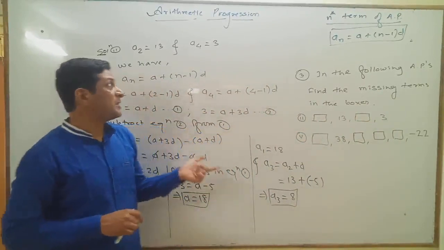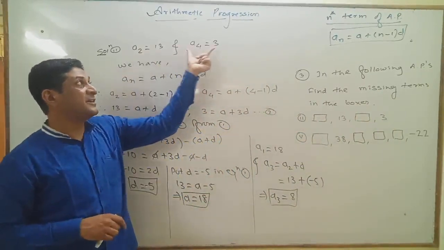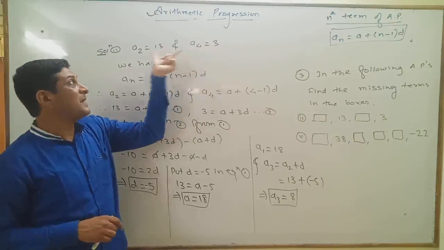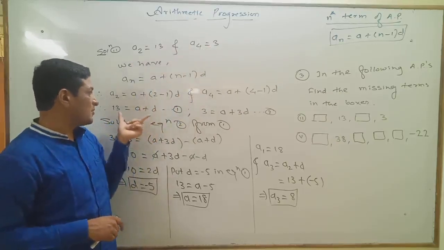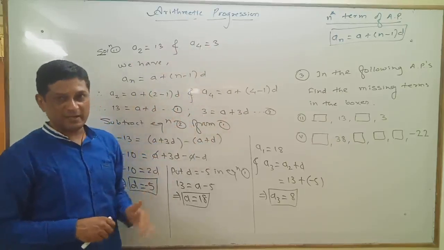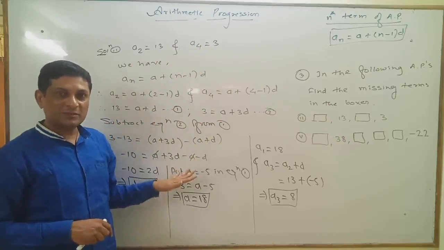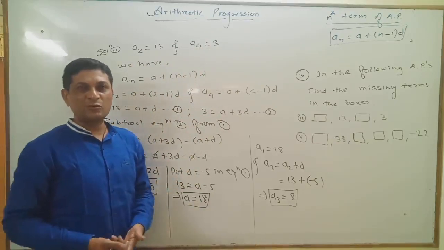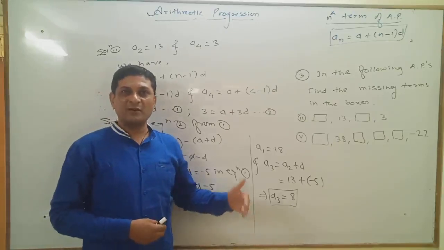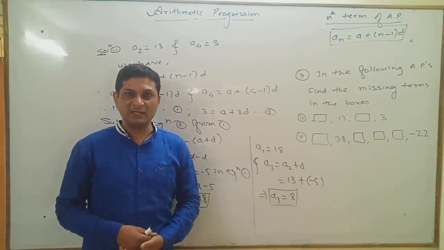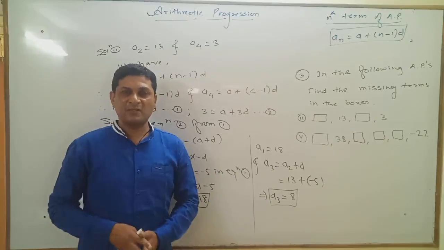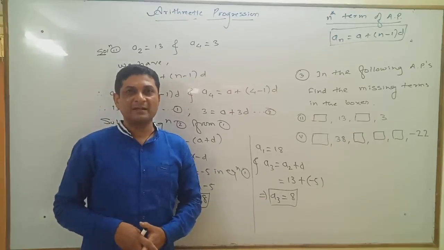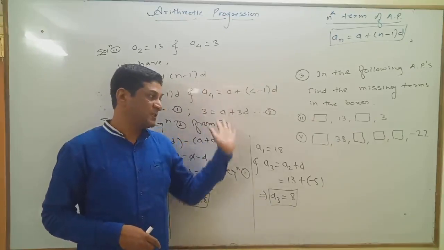In this case, the second term and fourth term are given to us. From these two terms, we have got two equations in terms of A and D. By solving these two equations, we will get the values of A and D. Once the values of A and D are known to us, we are able to find any required value in the example. Maximum examples from this exercise can be solved using the same method.